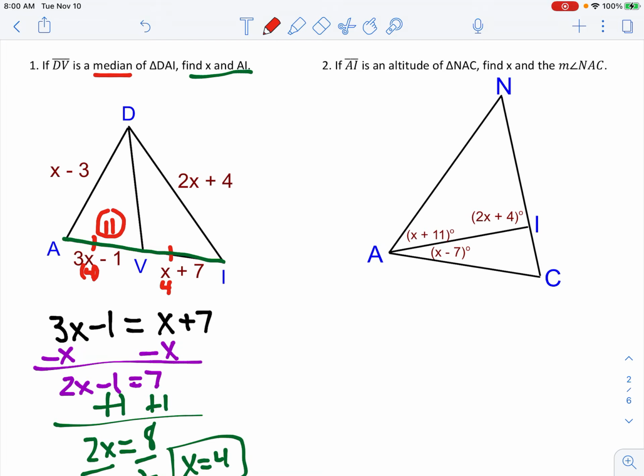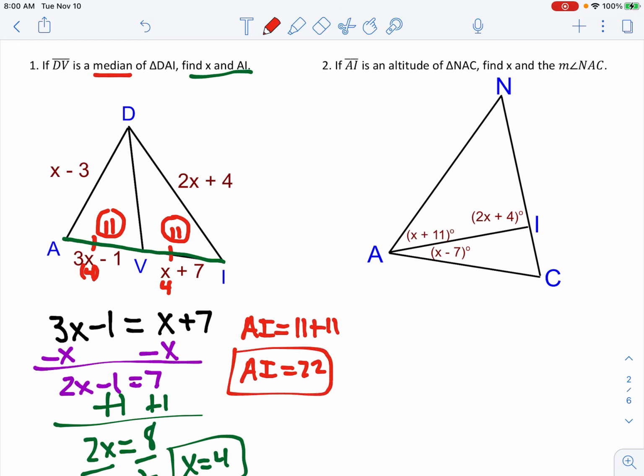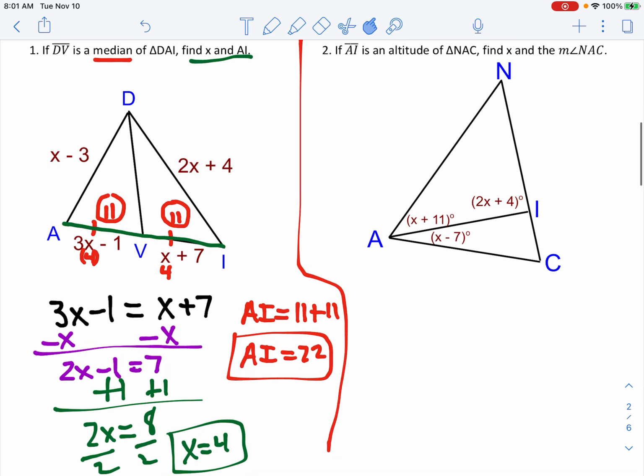Well, if I plug in my 4 here, 4 plus 7 tells me this piece is 11. They better be the same because they were equal. So to find AI, I'm going to take 11 plus 11. That tells me the second part of my answer, AI equals 22. All right, let's look at another one.